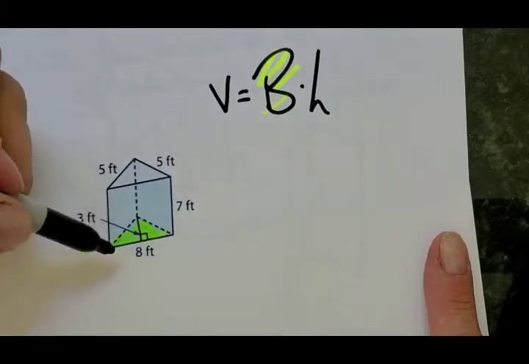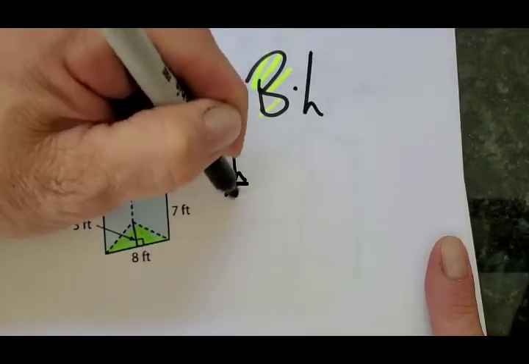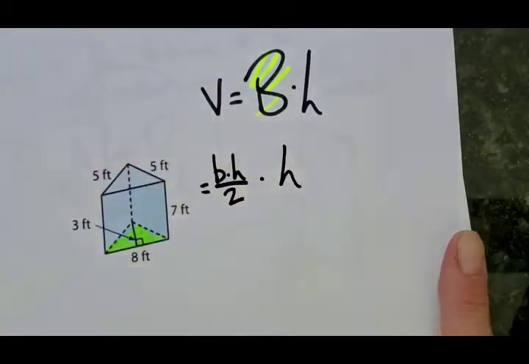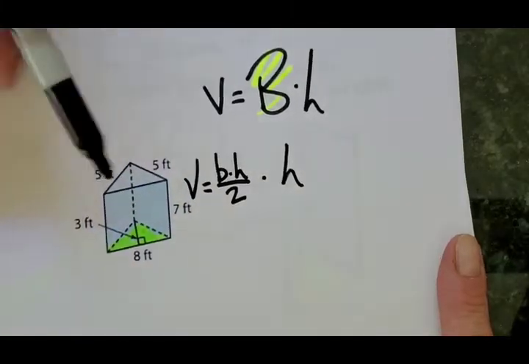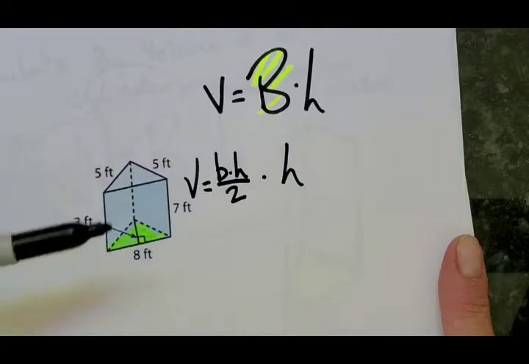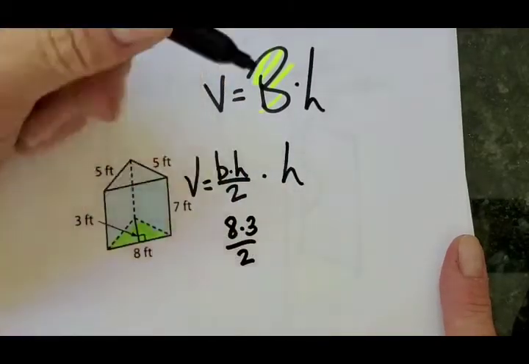The triangle area is base times height over 2, and then we'll take that and multiply it by the height of the prism. Here's the triangle. The base is 8, the height is 3. So it's 8 times 3 over 2.